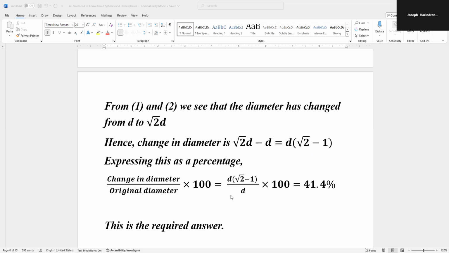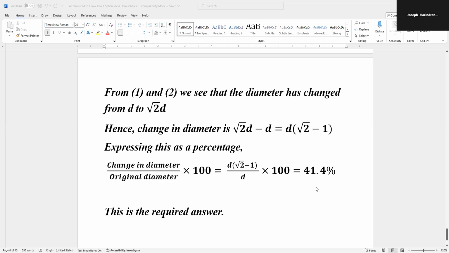So we can cancel out d. We'll get root 2 minus 1 into 100. Root 2 minus 1 is 0.414, into 100, which is 41.4%. And that's the required answer.